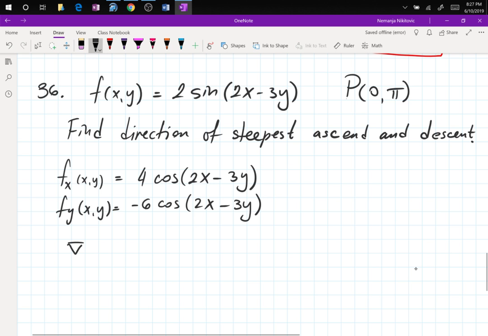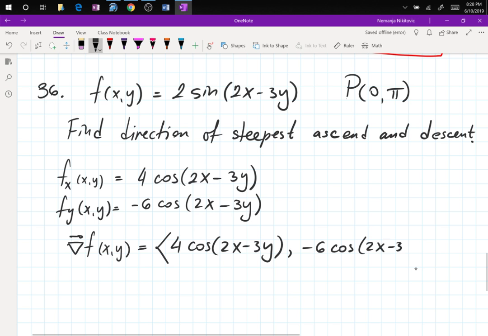Now we compute the gradient, which is you just put these together in a vector. So gradient of f at x, y is going to be 4 cosine 2x minus 3y, comma, negative 6 cosine 2x minus 3y.